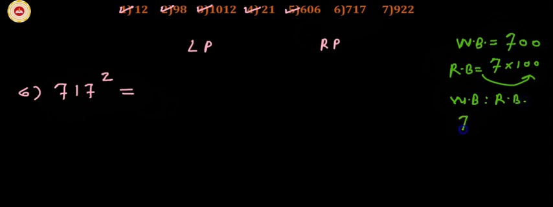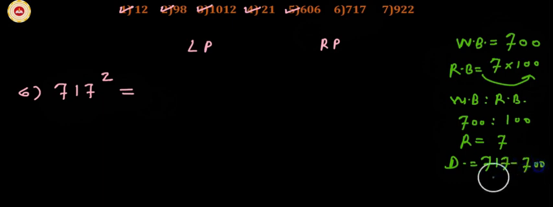The working base is 700. The real base is 100. So the ratio is 7. What is the deviation? Deviation is obtained by subtracting the nearest working base from the given number only. It means 717 minus 700 is 17. 17 is the deviation. Now friends, let us use ratio 7 and deviation 17 in the calculation of the square.